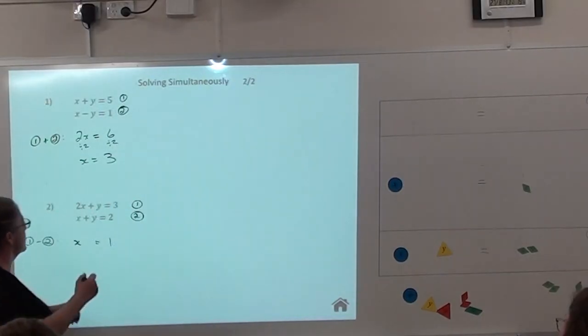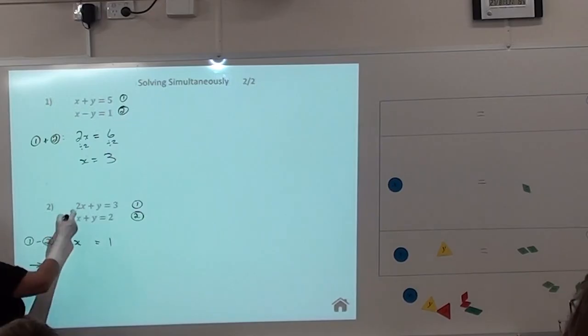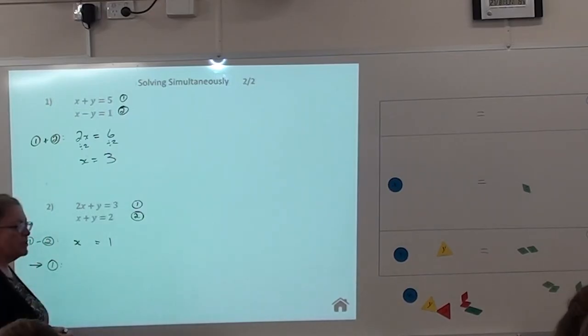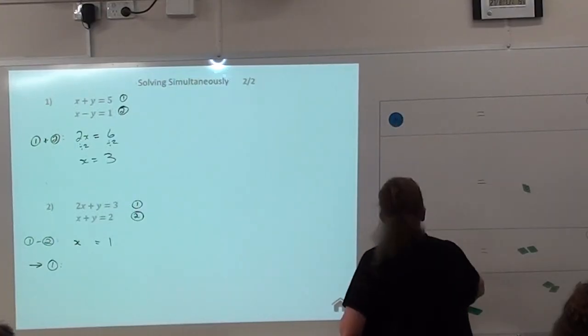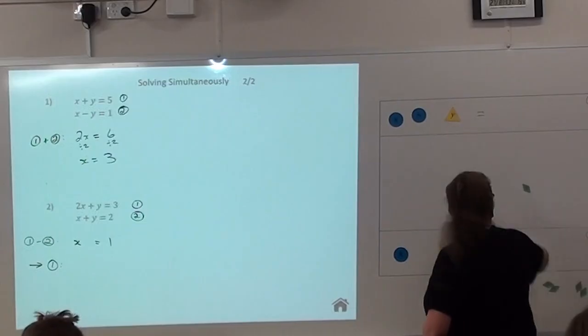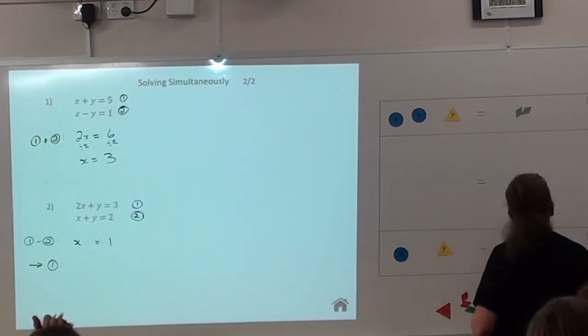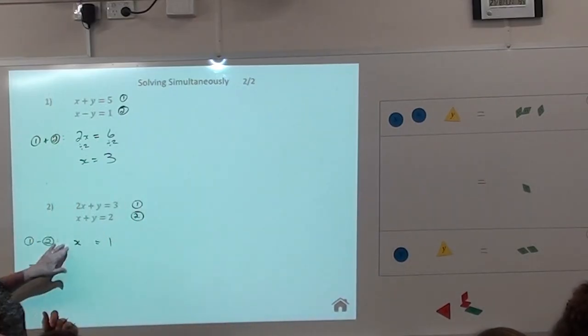However, from there, it's the same as what we did before. We're going to put that answer into one of the equations. It doesn't matter which one. I'm a little bit OCD, so I'm going to go into equation 1. So I'm going to rebuild equation 1. What have I done? Okay, so I've got an answer.